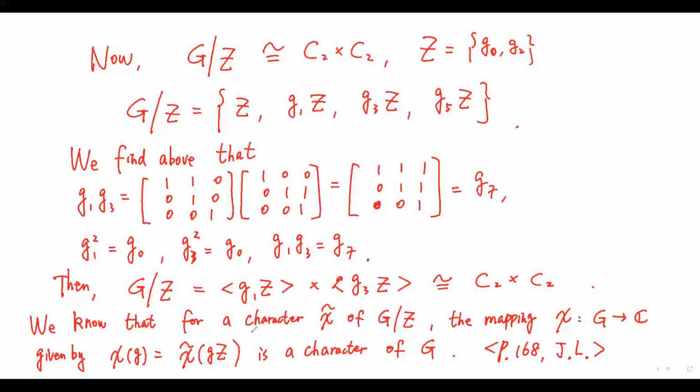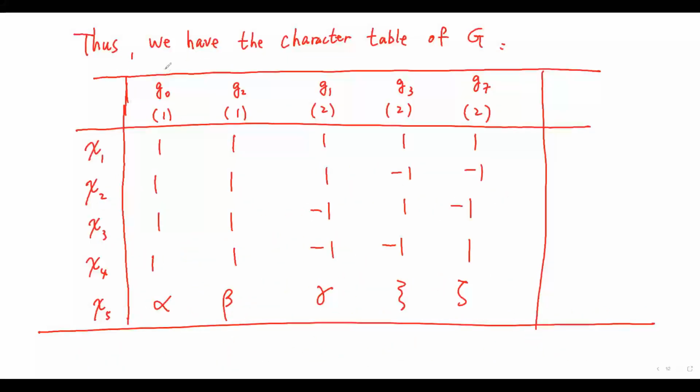We know for a character χ tilde of G over Z, the mapping χ given by χ(g) equals χ tilde (gZ) is a character of G. So we have the character table of G given by this table.